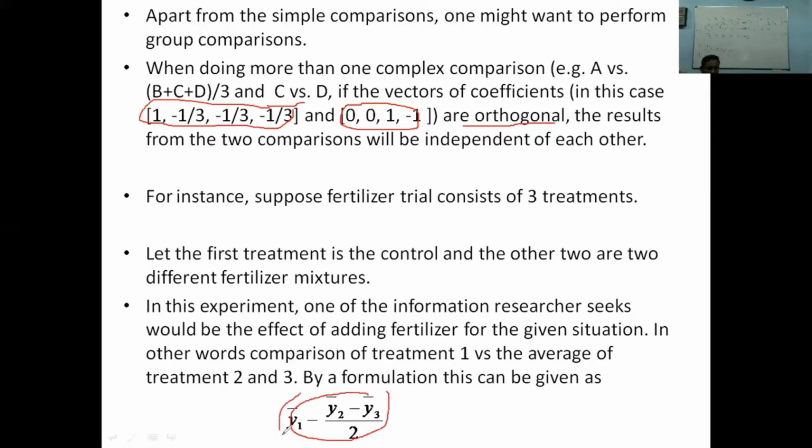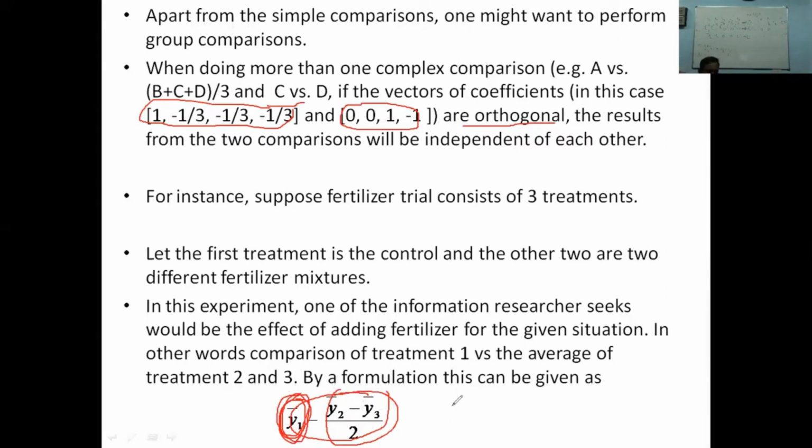So 1 is the mean value of the first treatment, that is y1 bar. Then the average of the mean of the second and the third treatment, that is y2 bar and y3 bar.